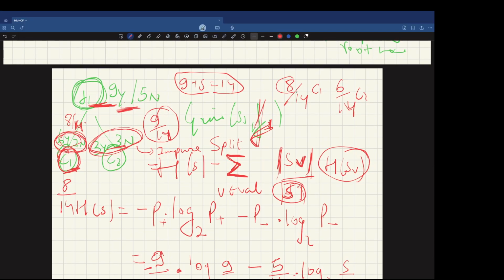So the number of samples present in a particular category node, that is a child node, is divided by the number of samples of the root node. Is it clear, guys, how I got 8 by 14 and 6 by 14? Put a thumbs up if it is clear, and raise your hand if it is not clear.